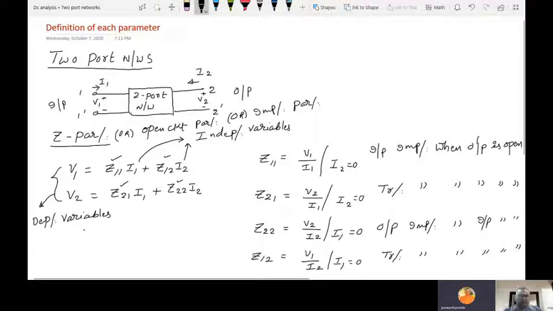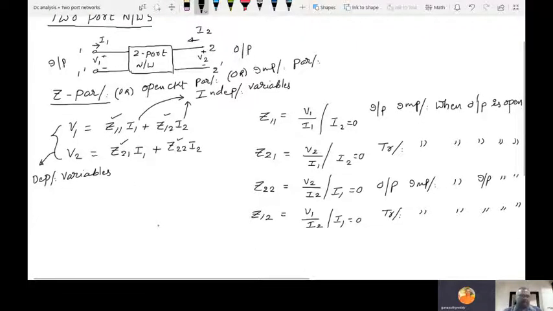We can also write in matrix form. Matrix form like this: V1, V2 is equal to Z11, Z12, Z21, Z22, times I1, I2. So 11 means matrix first row, first column.